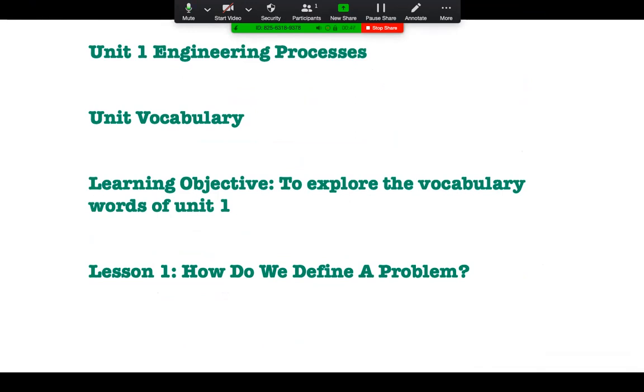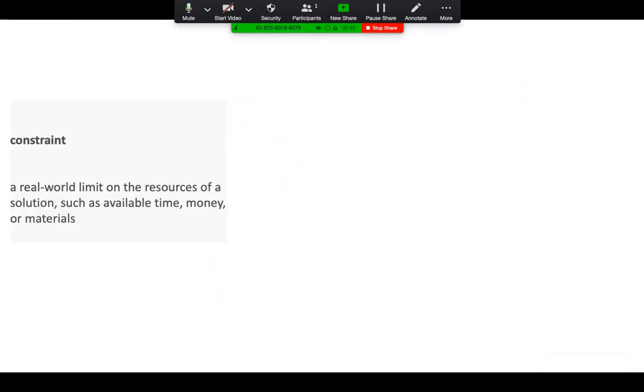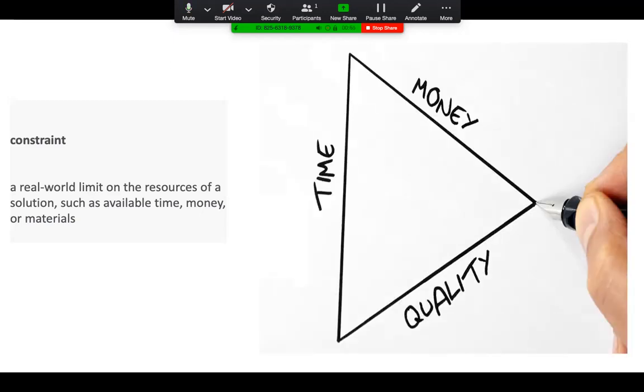So let's start with the unit vocabulary. Constraint. What is a constraint? It's a real-world limit on the resources of a solution, such as available time, money, or materials. As we all know, people never have endless amounts of time, money, or other resources to solve a problem.